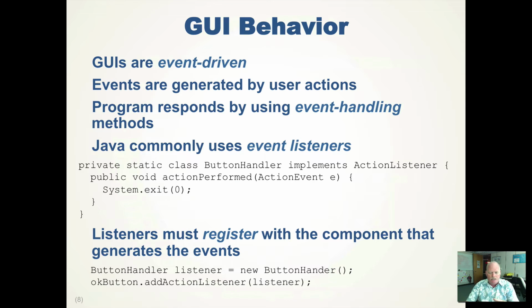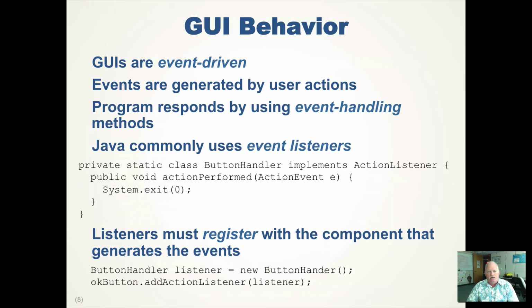You can imagine a lot of different behaviors just by adding different action listeners to the button. It's a very flexible system where you define the action listener to do some behavior when the event occurs, and then you register that action listener with the different GUI components so that it listens for those events.